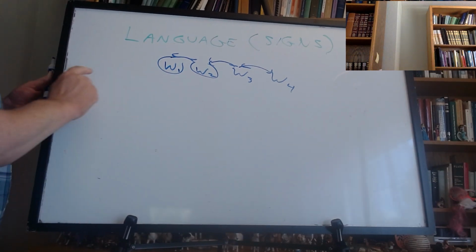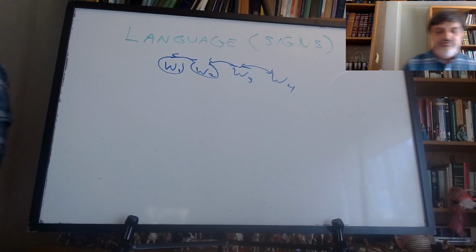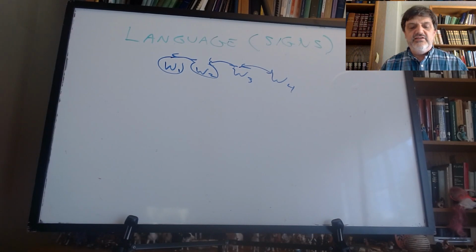But the other kind of rule you might think that every sign in a language has to fall under is a rule by which the signs in the language are associated with the things we talk about in the language.